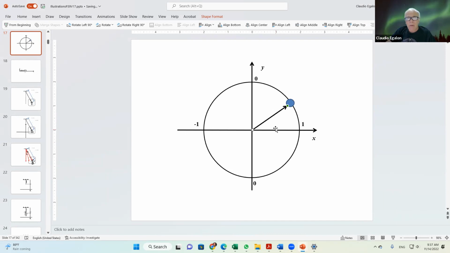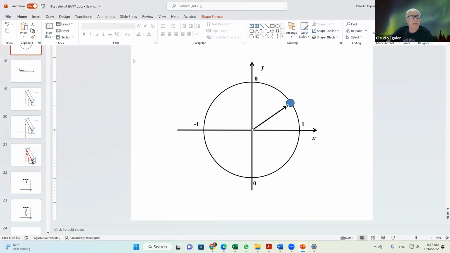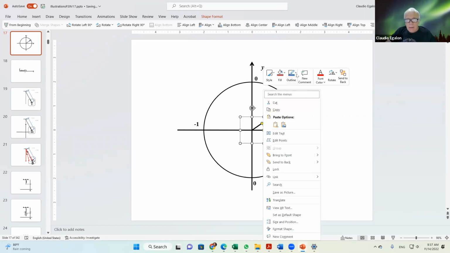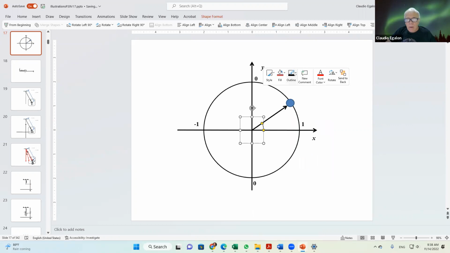We have an angle theta right in here. Black color.